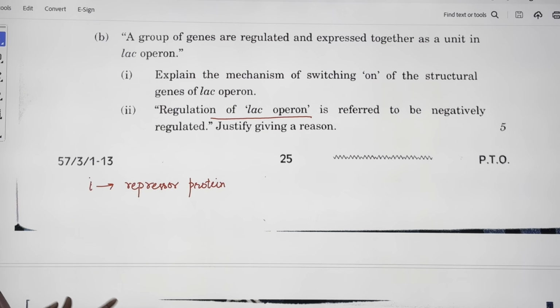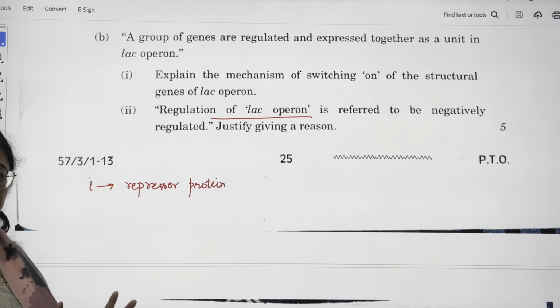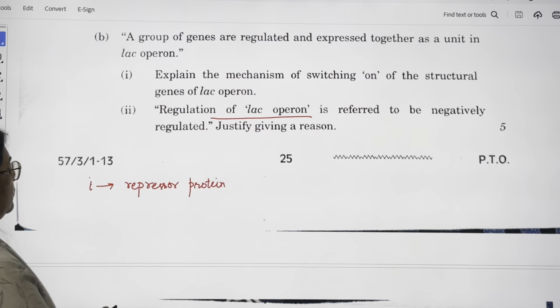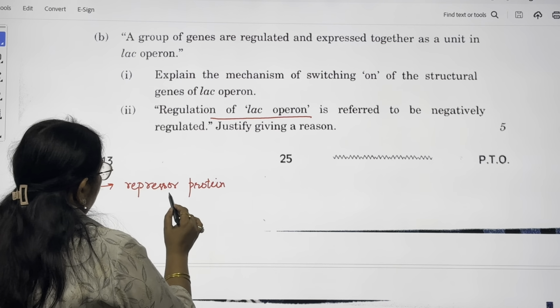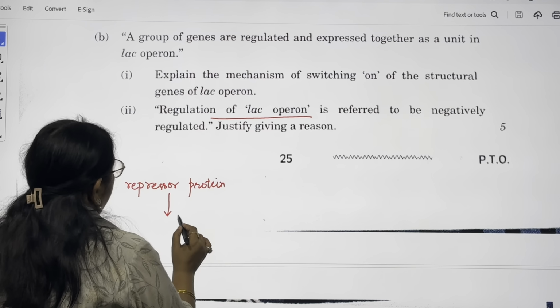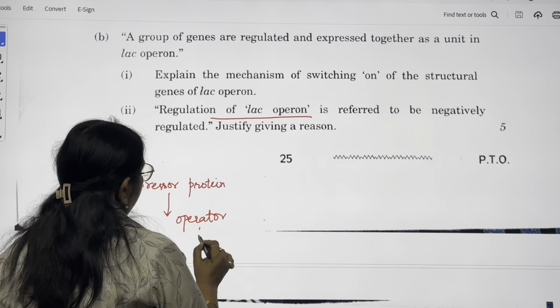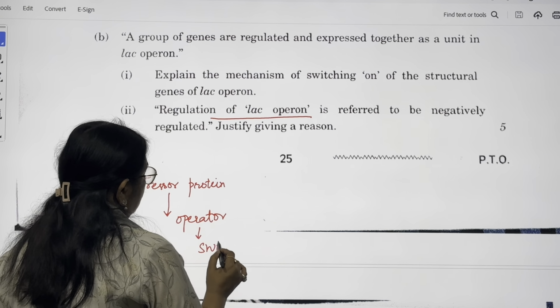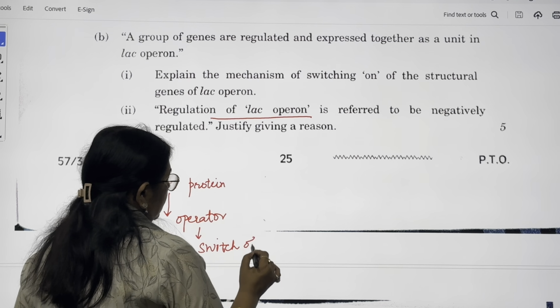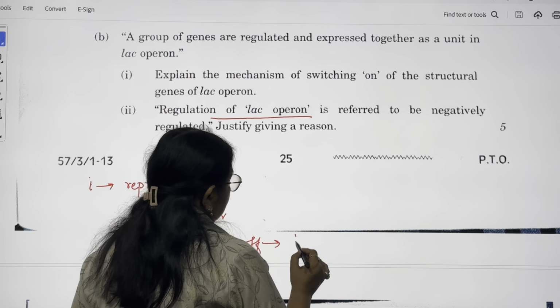But when the lactose is not there in the medium, in absence of lactose, what happens? This repressor protein binds with the operator and switches off the process of transcription.